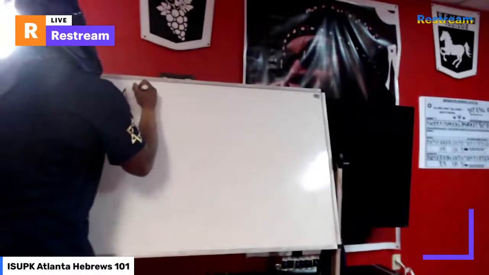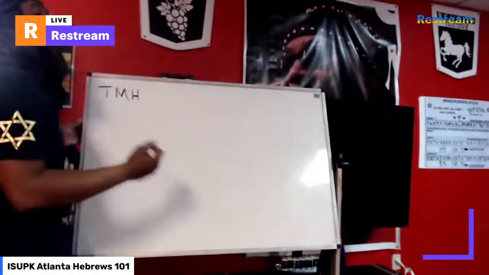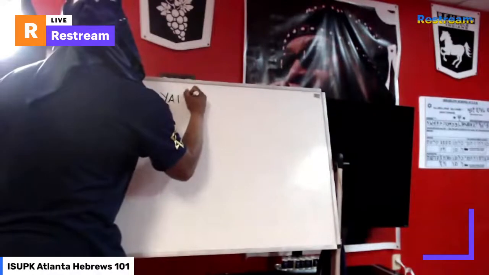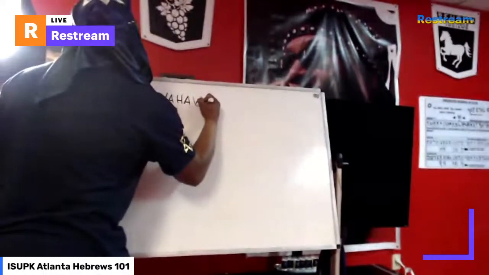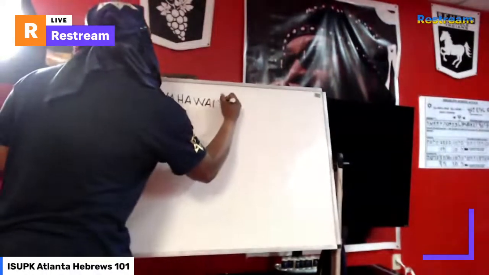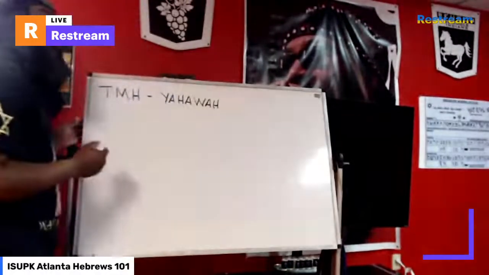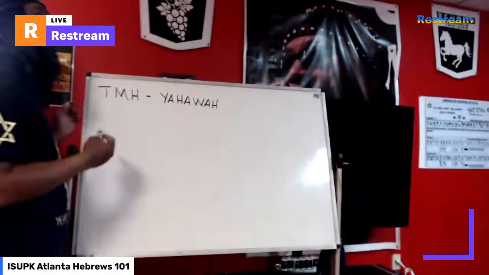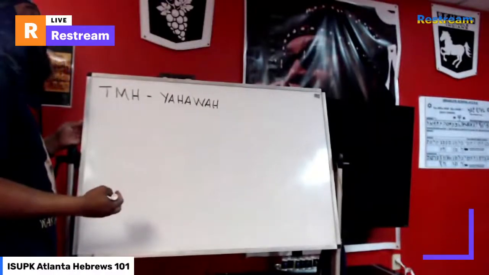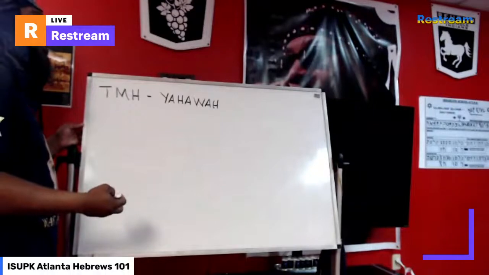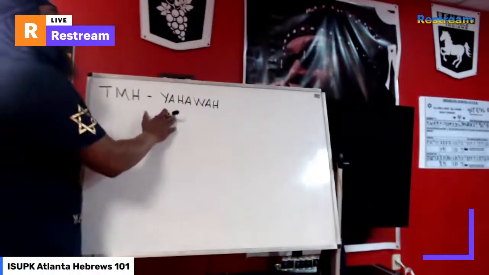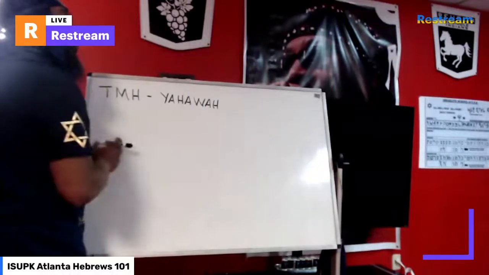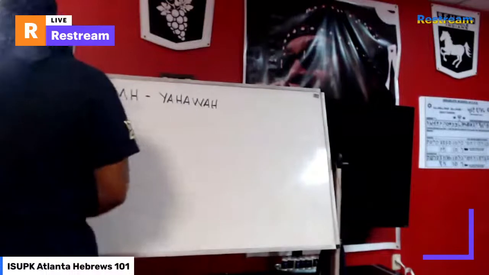We'll just put the acronym TMH, the Most High. Yahweh. Right? Some people you will see in the text Yah at times, but remember that Yahweh is his actual name. All right? Yahweh. Right? Cool.